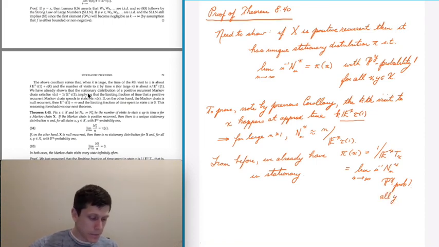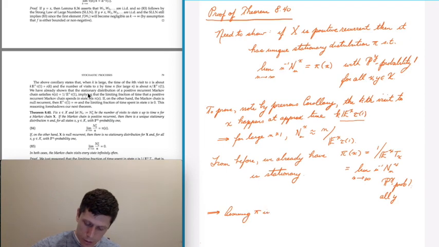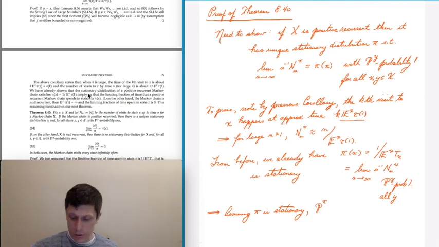And so therefore, assuming that pi is stationary, we can express the stationary measure as an average over all initial states.